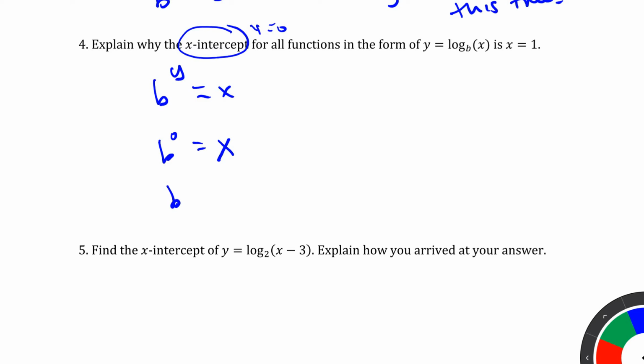Well, b to the 0 equals 1 because any value to the 0 power is 1. Therefore, x has to equal 1 no matter what value b is. So if you were to graph log base 10 of x, or log base 2 of x, or log base 1/2 of x, all three of those functions would look slightly different, but they'd all have the same x-intercept.